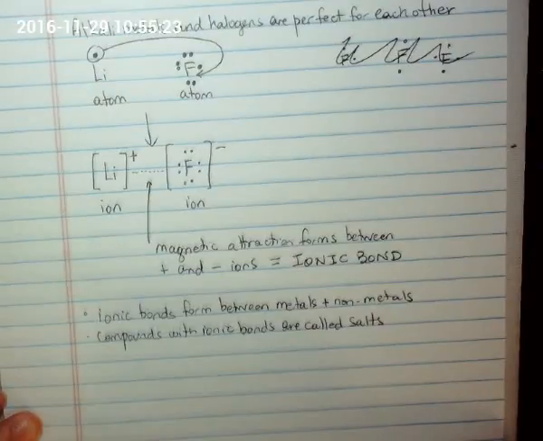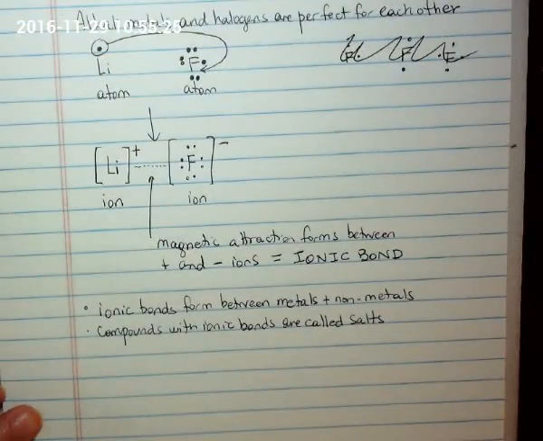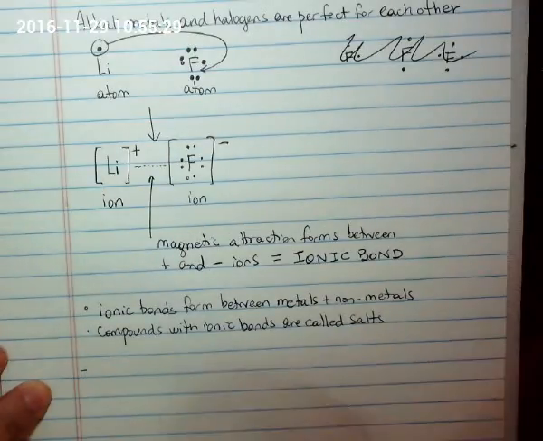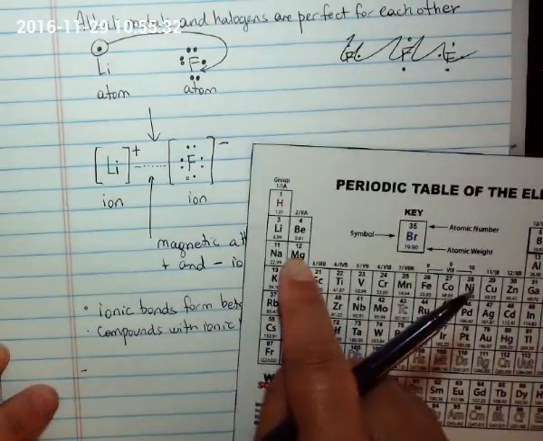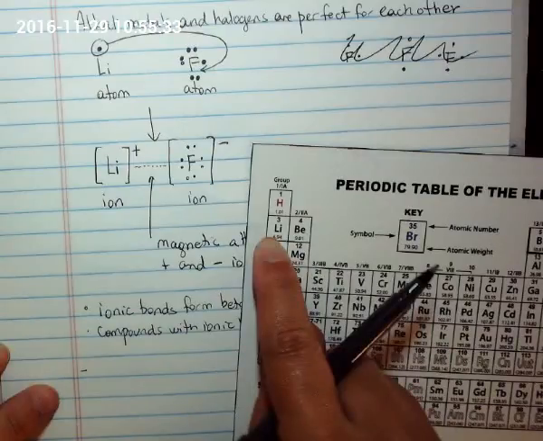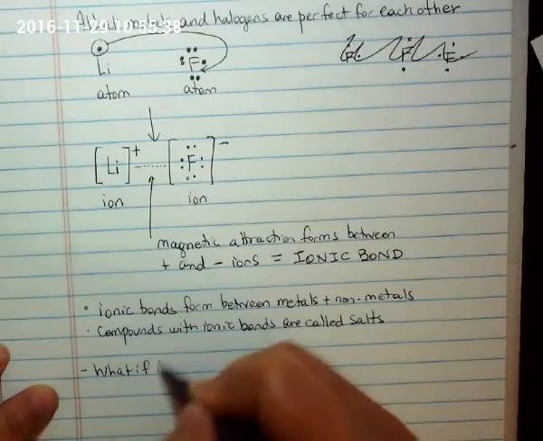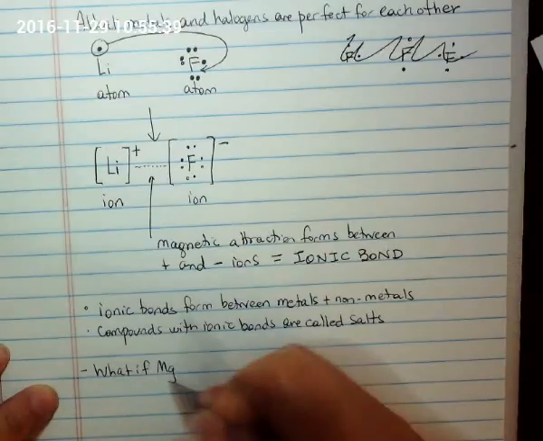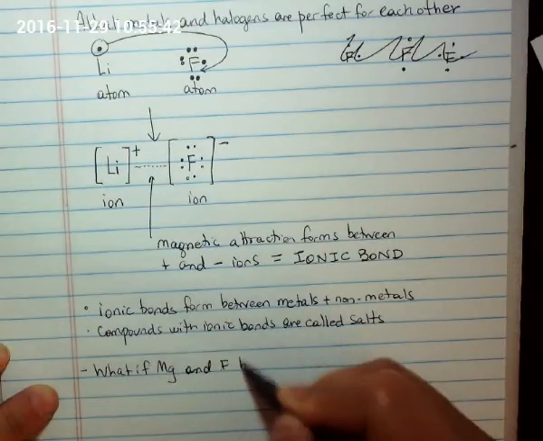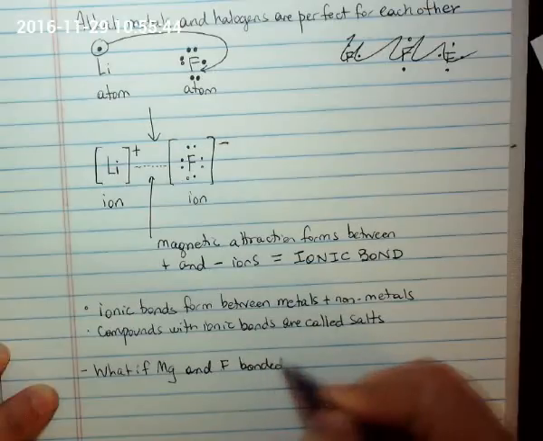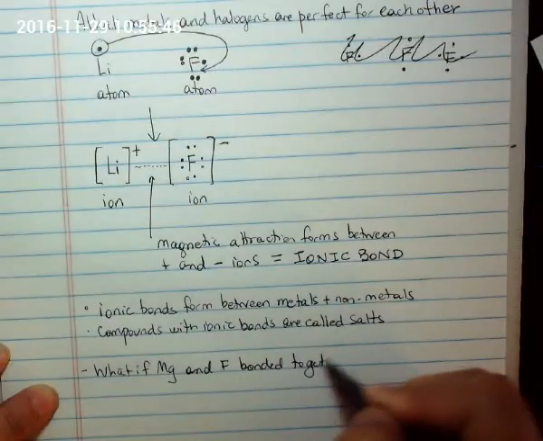Now, lithium and fluorine are great for each other, right? But what about magnesium? Magnesium is a cousin of lithium. What if magnesium and fluorine bonded together? Can they? Oh, yeah, they can.